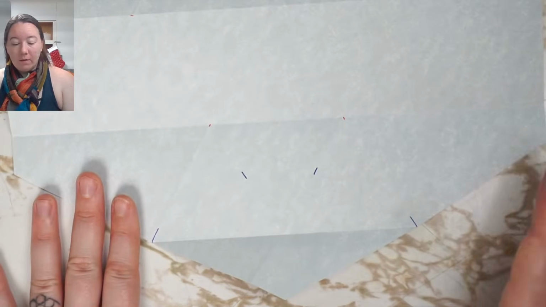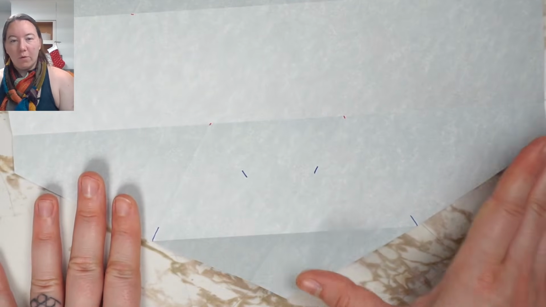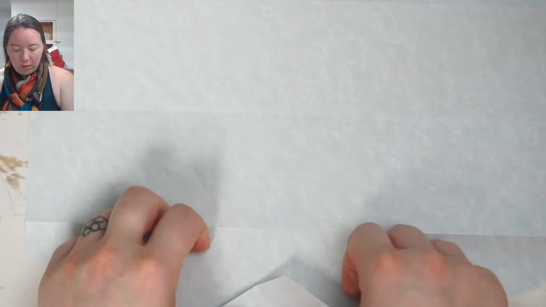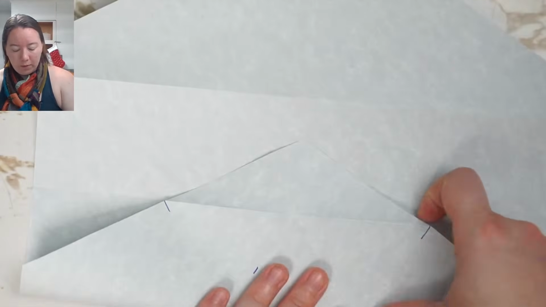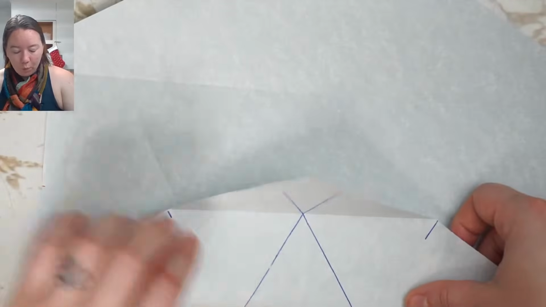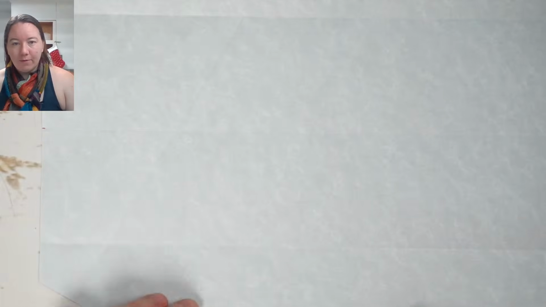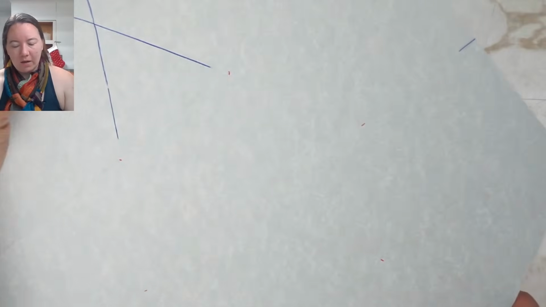Remember, the least precise points on this hexagon are the corners. The second least precise are the edges. So we always want to fold our grid lines with respect to existing grid creases, which we can now do now that we have enough grid lines to get us started.